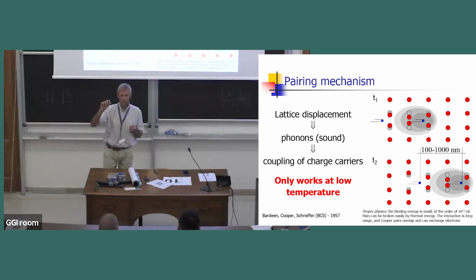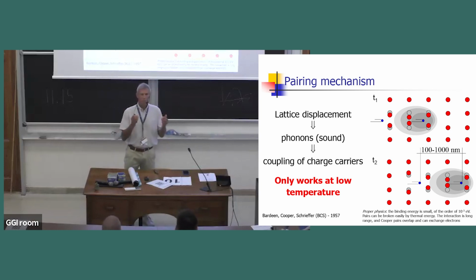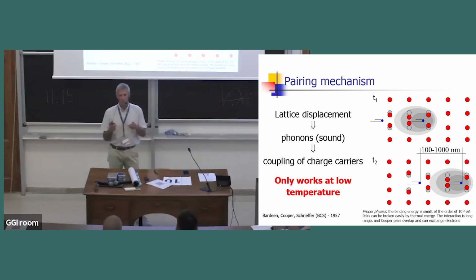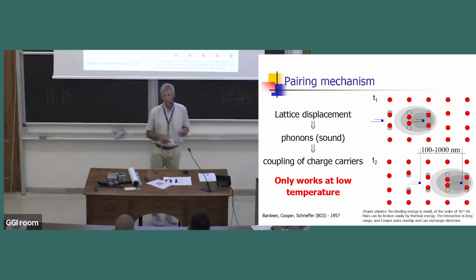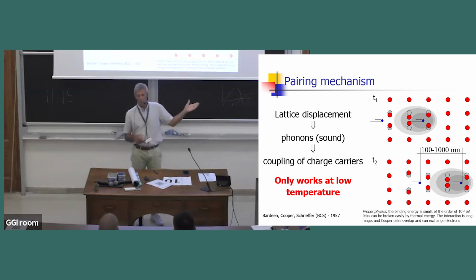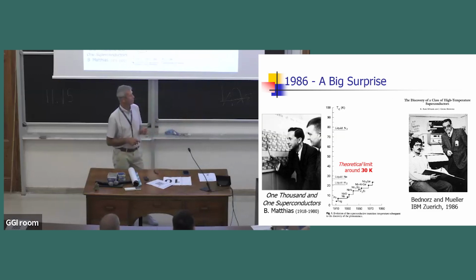There's a little energy between the condensed state and the unbound state. And so that means that it only works if there's very little thermal excitation in the lattice. So it only works at low temperature. That's why you need to cool the material so that the thermal agitation does not break the pairs. Okay, so that's what Bardeen, Cooper, and Schrieffer formulated in 1957, and they actually got the Nobel Prize for that. Okay, so obviously it's simple enough, but I think it was great insight.